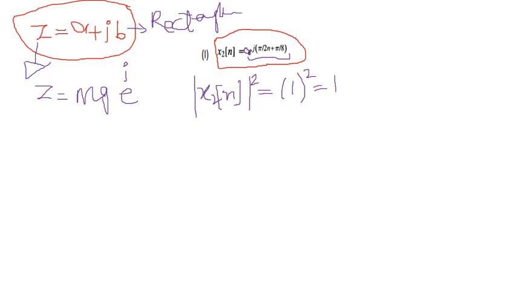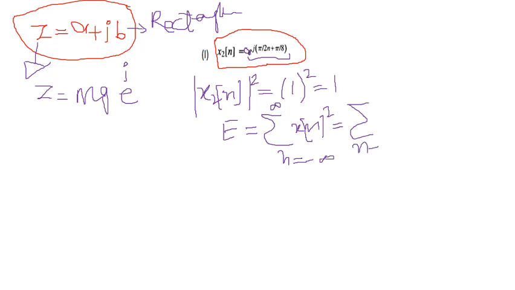Now to find its energy, we say E equals the summation, with n running from minus infinity up to infinity, of the absolute value of x of n squared. By putting in the value, we know that the absolute value squared of x n for this signal is 1.